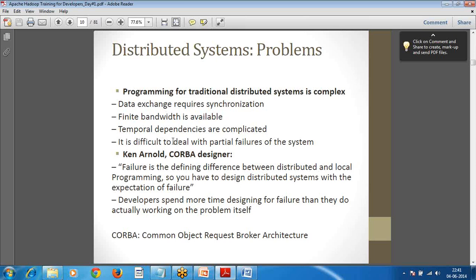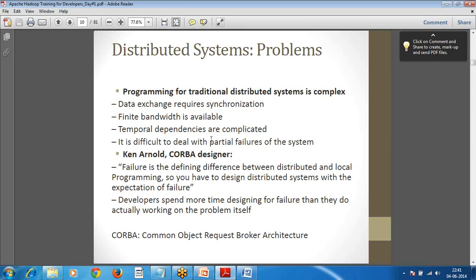Also, one very important thing is what we call a partial failure. So basically, when you have multiple machines working in parallel and one machine goes down, whatever work that particular machine was doing gets halted, meaning there is a break in the entire execution, and the overall execution couldn't complete because one machine which was doing a particular amount of work went down, and there is no one to take up that work, or no one to delegate the work the machine was doing.